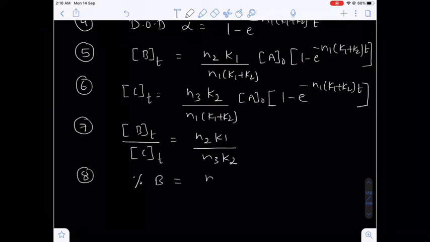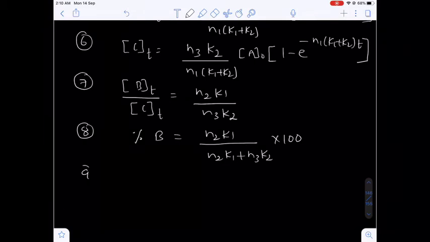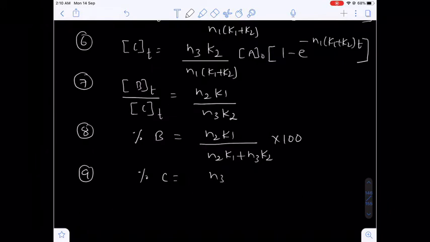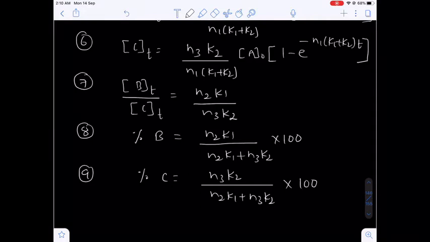The percentage of B will be equal to N2 K1 divided by (N2 K1 plus N3 K2) into 100. And one more important point, the percentage of product C in the product mixture, is equal to N3 K2 divided by (N2 K1 plus N3 K2) multiplied by 100.